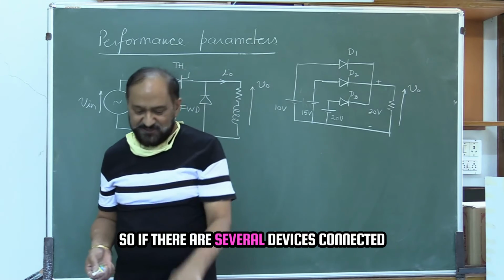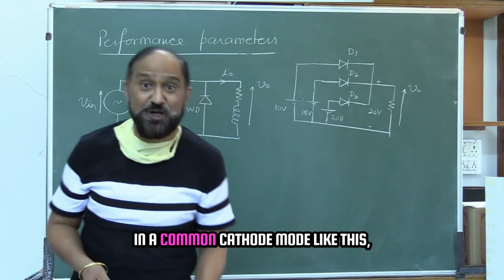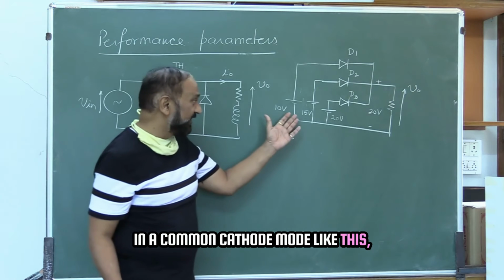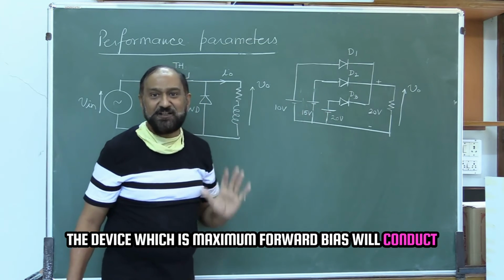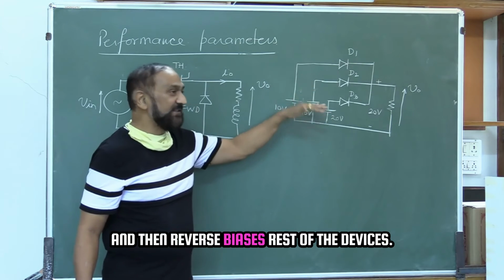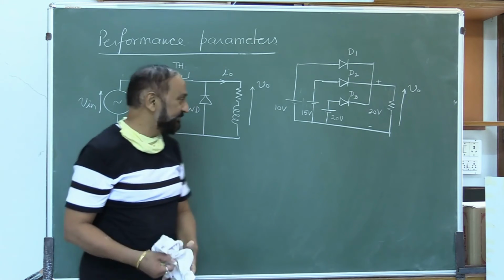So if there are several devices connected in a common cathode mode like this, the device which is maximum forward bias will conduct and then reverse biases the rest of the devices.